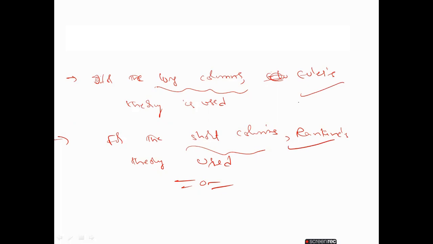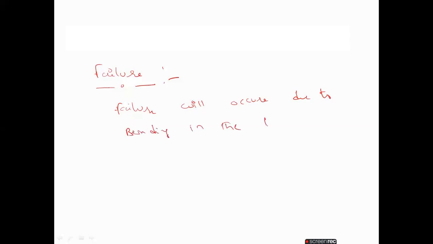So moving ahead to the next topic. How will the failure occur? For the long columns, the failure will occur due to bending only. Failure will occur due to bending in the long columns.